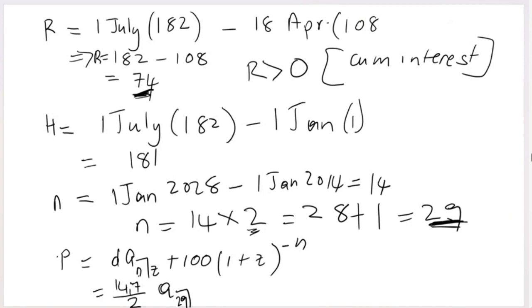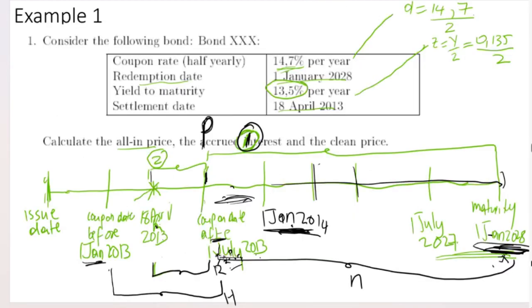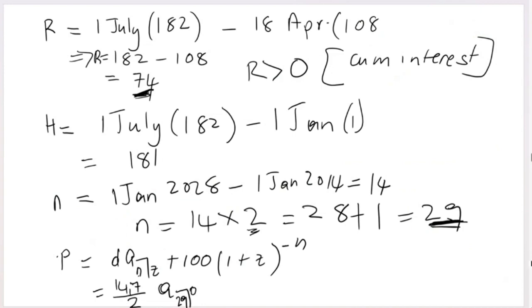And then what is our Z? Our Z is 0,135 divided by 2. This can all go to your calculator, which is 100 into 1 plus our Z, 0,135 divided by 2, and then N is 29.